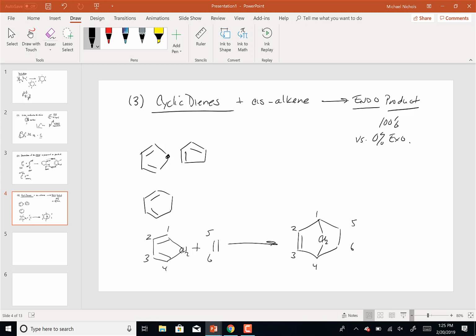And typically when I write that, I'll put bold wedges on it, because this 6-membered ring structure looks like this.